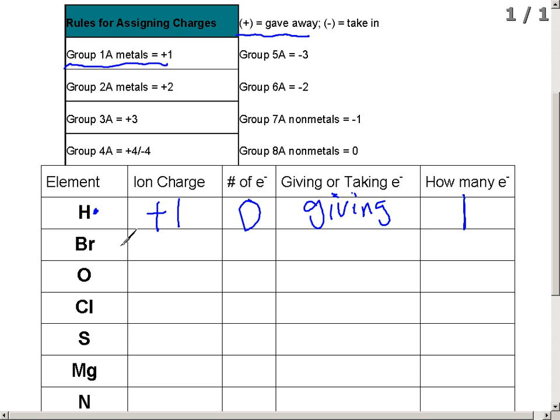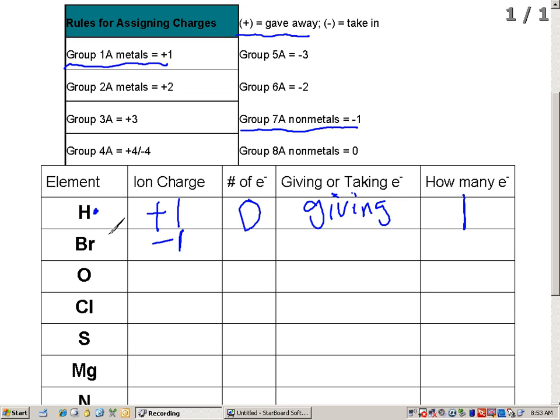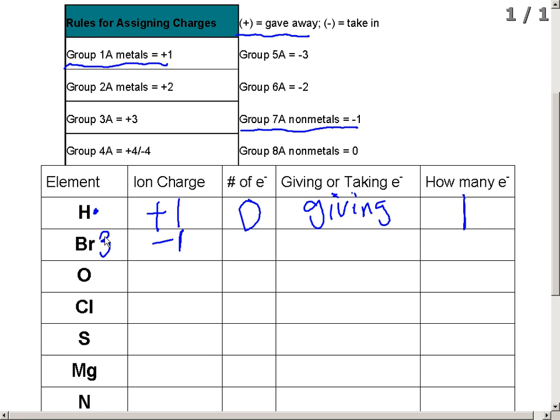Bromine. Bromine is in group 7A. It's a halogen. It says right here that 7A elements have a charge of minus 1. So, bromine is normally atomic number 35. So usually it would have 35 electrons, but it formed a negative ion.